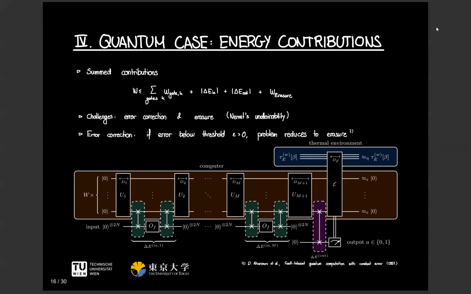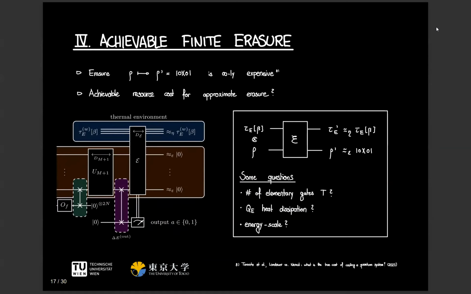Now it turns out error correction for a non-zero threshold, we can actually reduce the problem to erasure by using the scheme by Dorit Aharonov and others, where error correction at constant error is possible using only resetting qubits on the go, but not measurement. So we can really reduce these considerations to erasure, and this is the part that we will look at now.